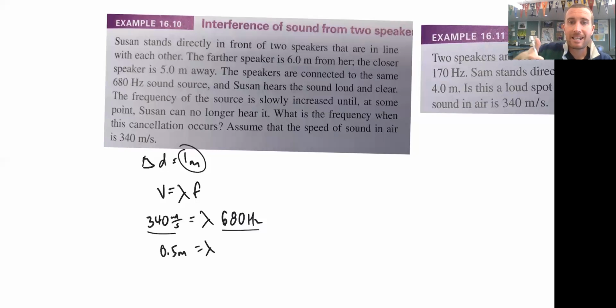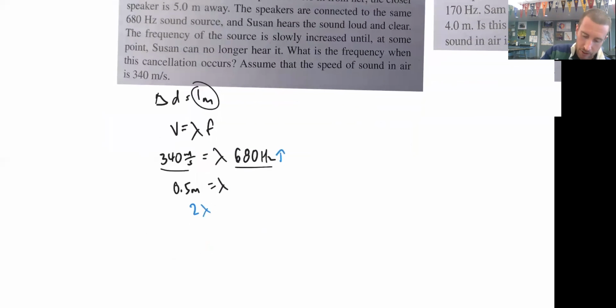The frequency is increased, so that 680 is going to have to go up, right? And I want the 680 to go up until she can't hear it. So that would be purely destructive. At this situation, it is 2 wavelengths. So I would need to shift it to 2.5 wavelengths, right?